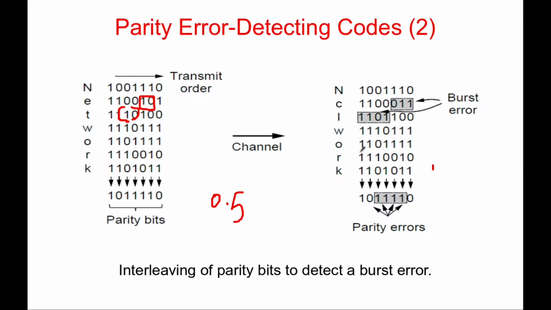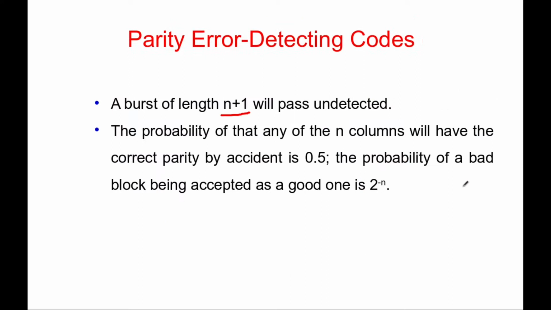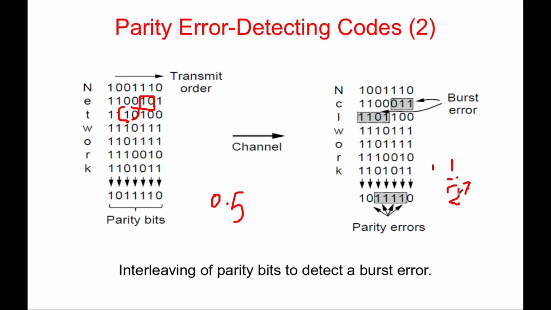Let me just tell you, for every column it is 1 by 2 or half, and that's why for 7 columns it is 1 by 2 into 1 by 2, 7 times. That goes to 1 by 2 raised to 7, so that means 2 raised to minus 7.